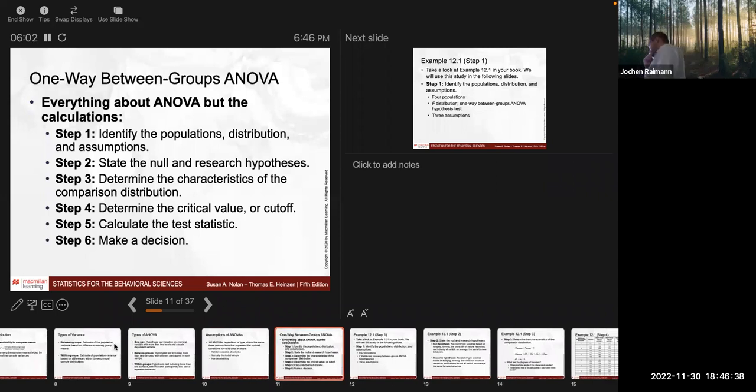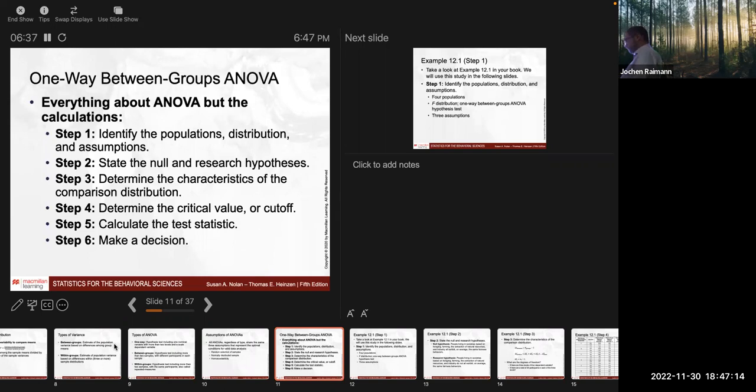The 6 steps are the same as they always are. We're identifying the population, we're identifying the distribution, we're making our assumptions. We're stating a null and the research hypothesis. Null hypothesis: all these groups are identical, are similar, are the same. Research hypothesis: at least one is different from one of those others. So we determine the characteristics of the comparison distribution, which is our F statistic, estimating where the critical value is located.